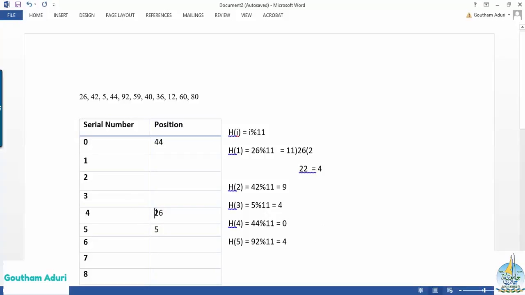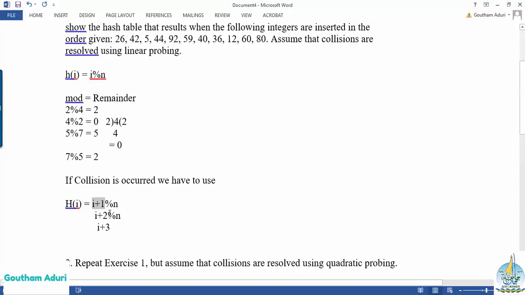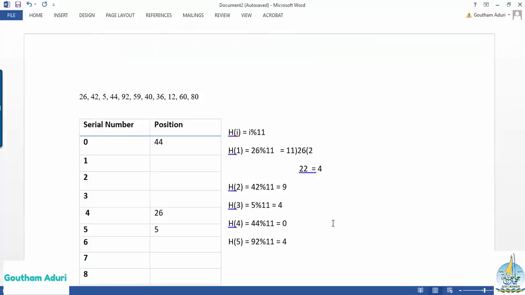Now the position that comes is a collision, because in the fourth serial number we have already got 26, so we have to increment. Now if there's a collision, we have to increment it by 1 2 3 like that. So in the increments of 1, so now I'm going to increment is I plus 1 mod n, so it's 93 mod 11, and it's 11 8 88.